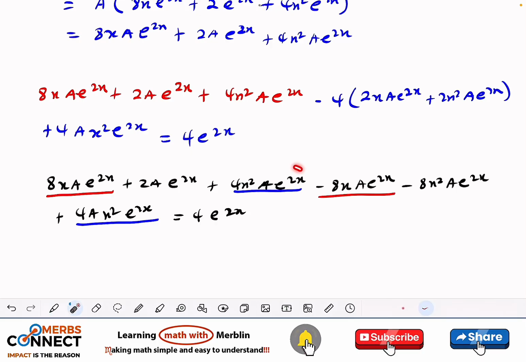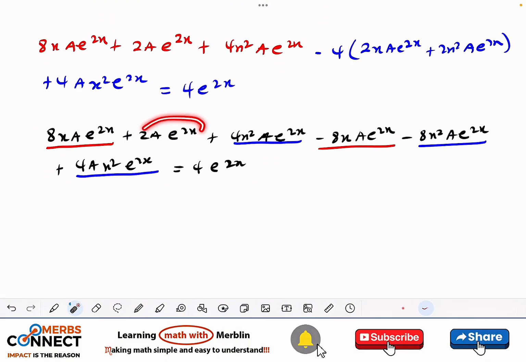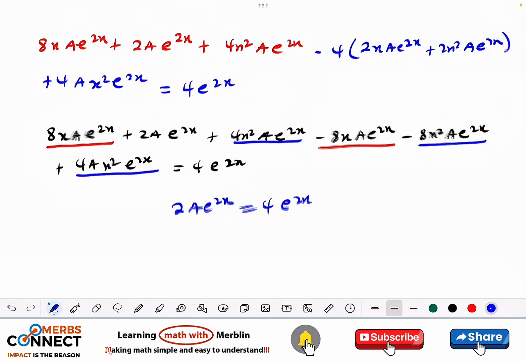So when I add this and this, I'm going to get 8, and it's going to cancel this because this is minus. So this and this and this will be 0. So it's going to be left with this guy and this guy. So we are going to have 2a e to the power 2x, which is equal to this 4e to the power 2x.